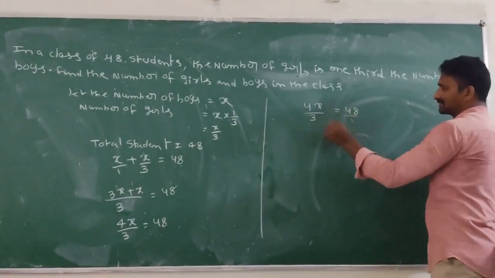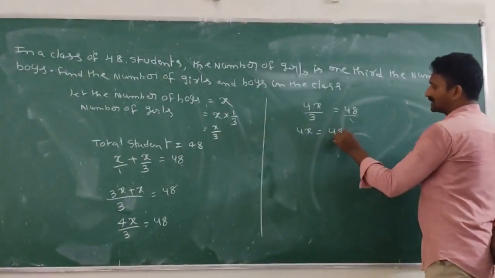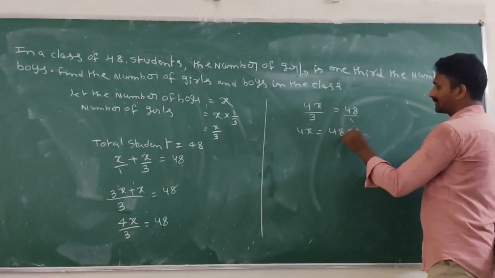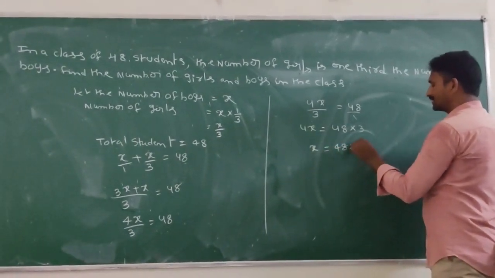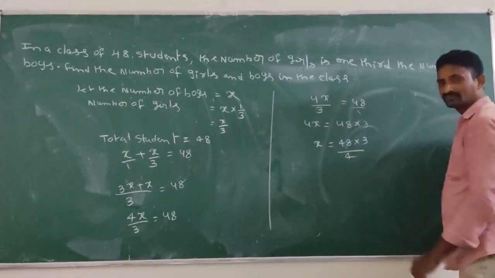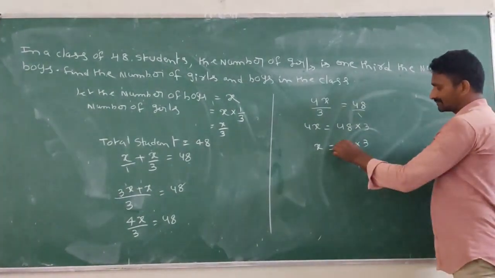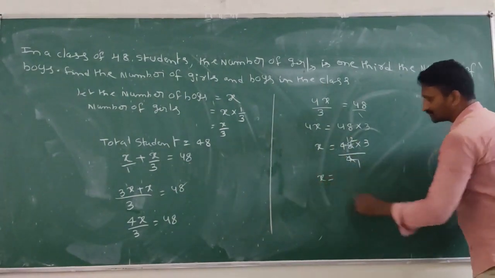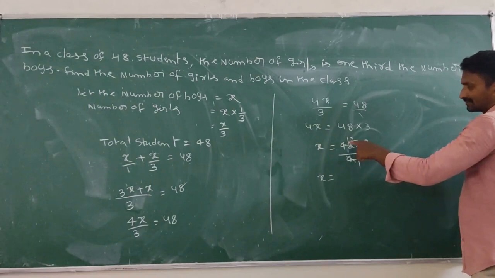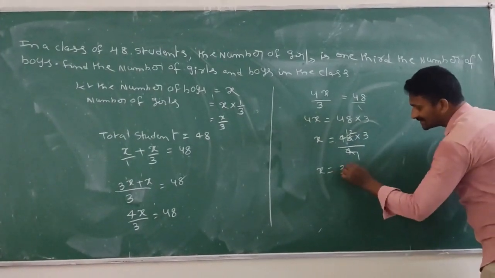Cross multiplication: 4x equal to 48 into 3. x equal to 48 into 3 by 4. 4 twelves are 48, so x equal to 12 into 3, which is 36.